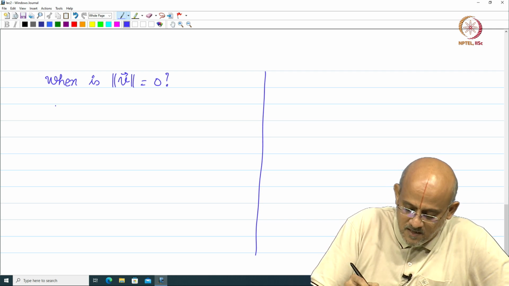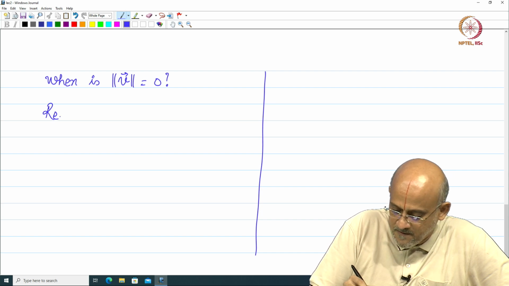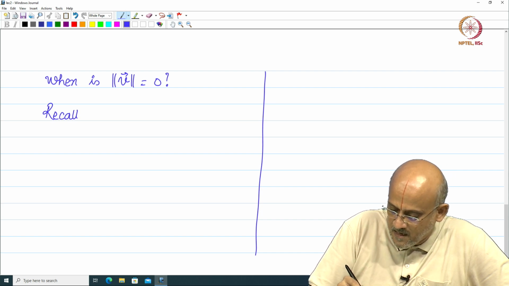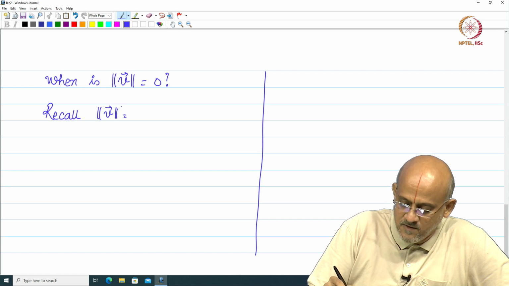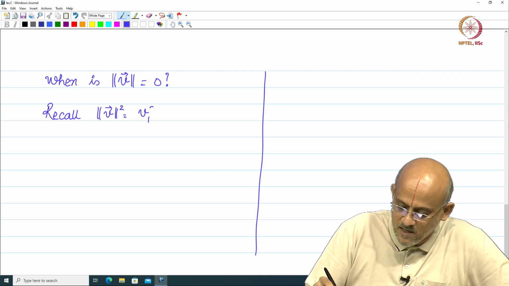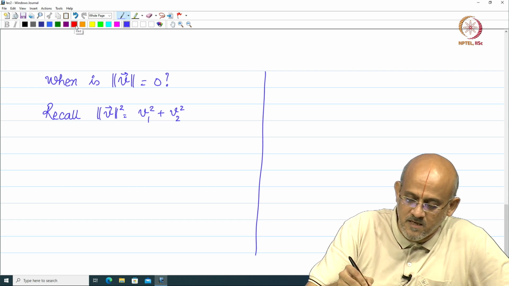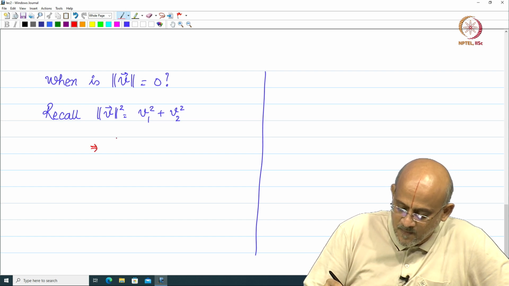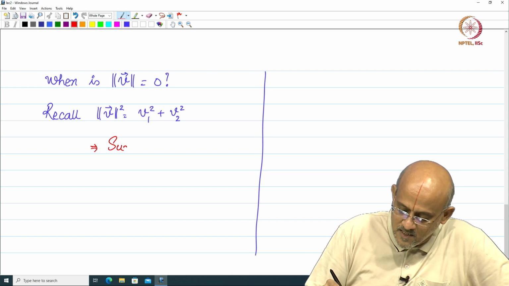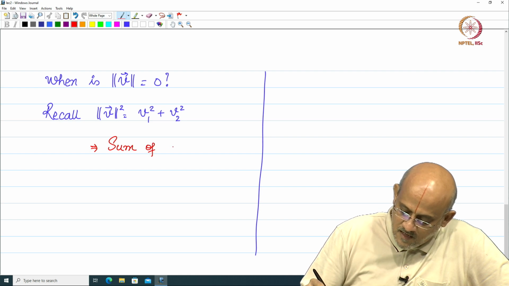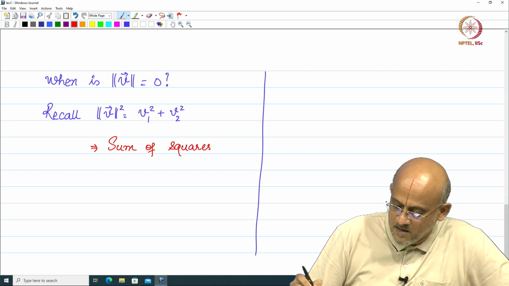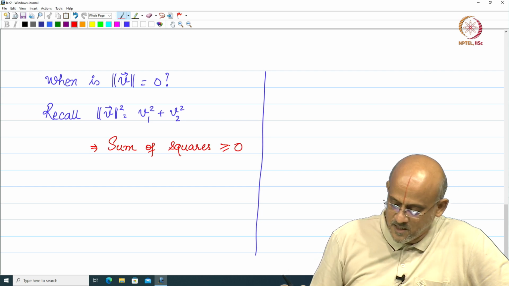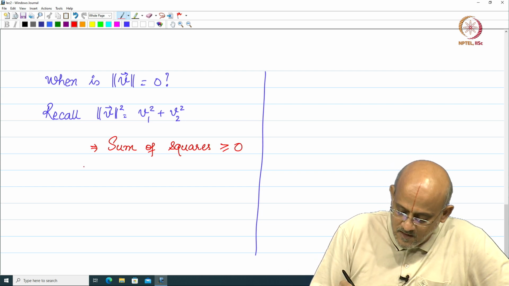We just figured out, recall, that the norm of v squared was v1 squared plus v2 squared. What we see here is that this is a sum of squares, and a sum of squares is always greater than or equal to 0. When will it be 0?